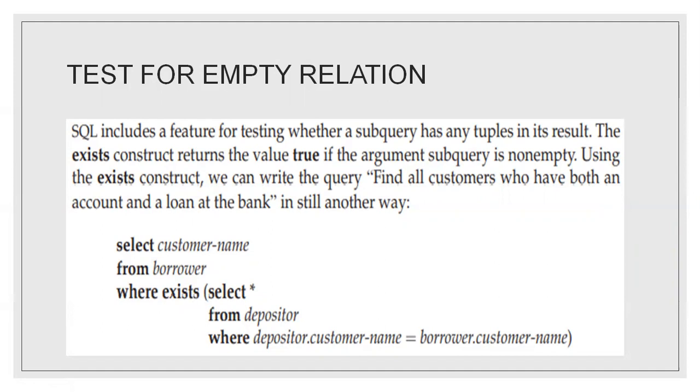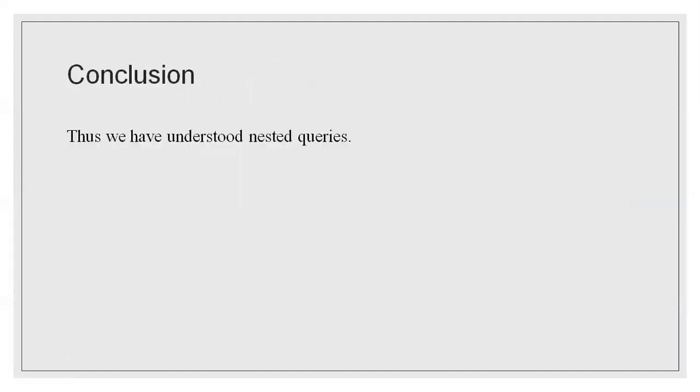If it is not having anything as an output, then exists will return false, and then we will not get anything as an output for this particular query. So this is the use of nested subquery, test for empty relation.